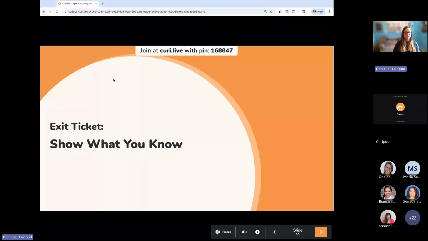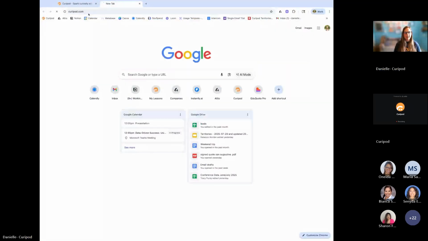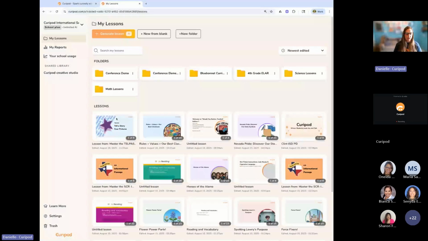So we're actually going to jump out of this and go into a Curipod test prep question lesson. If you would like to create your own STAAR test prep lesson, you can go to curipod.com.